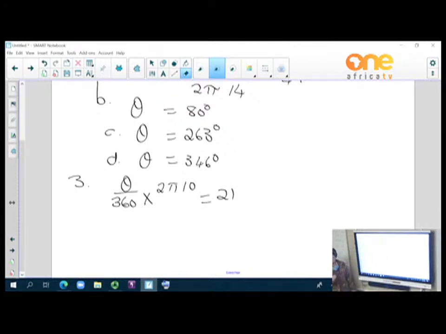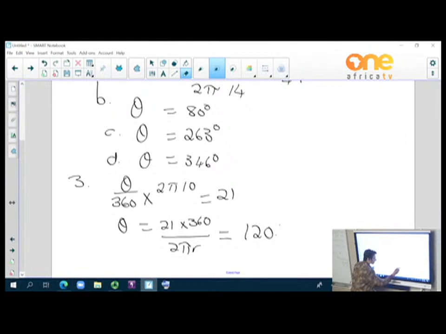So I'm using that same formula. Theta is 21 times 360 divided by 2 pi r, and then what do you get? 120.3. This time they didn't say to the nearest degree, so we're back to 1 decimal place.